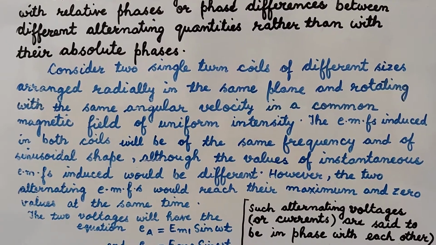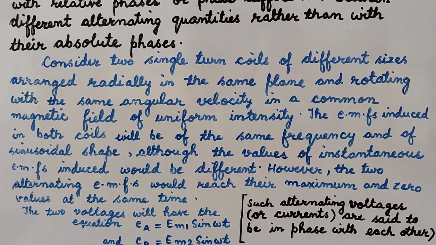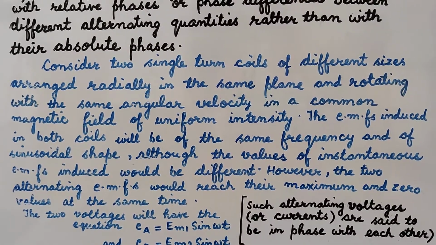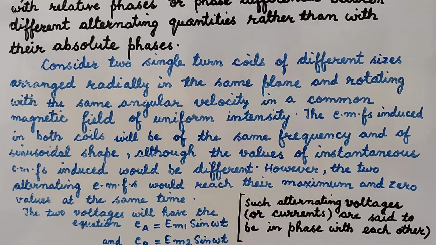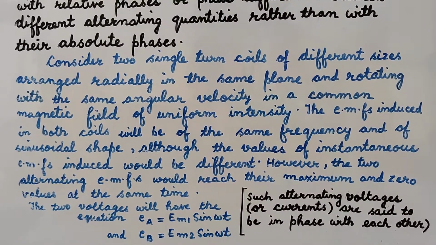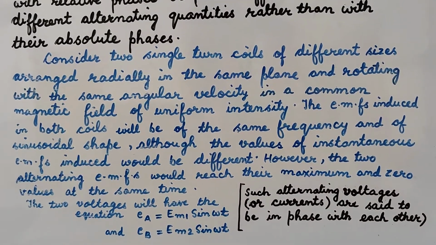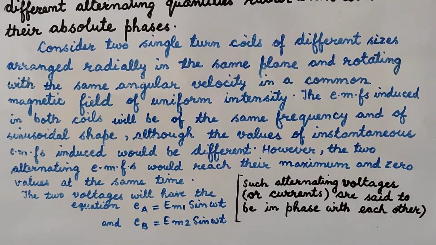But since the coils are of different sizes, the values of the instantaneous EMFs induced in both the coils will be different. However, the two alternating EMFs will reach their maximum and zero values at the same time.